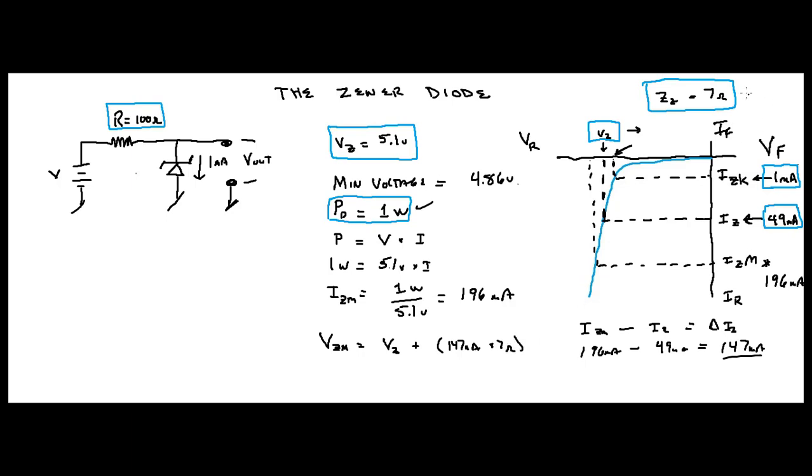That comes from up here, right? That hasn't changed. This is going to equal 5.1 volts plus 1.03. That's going to equal 6.13 volts, all right?